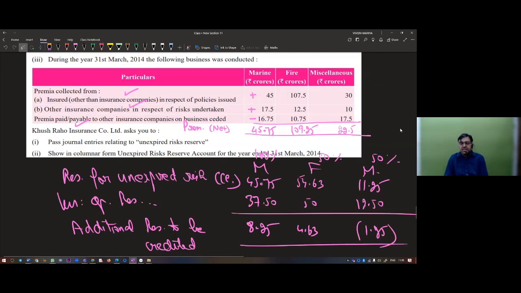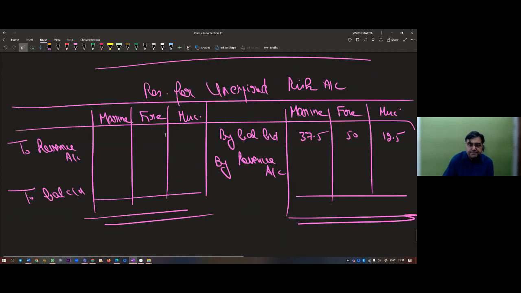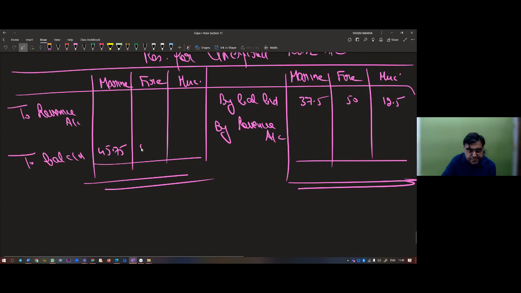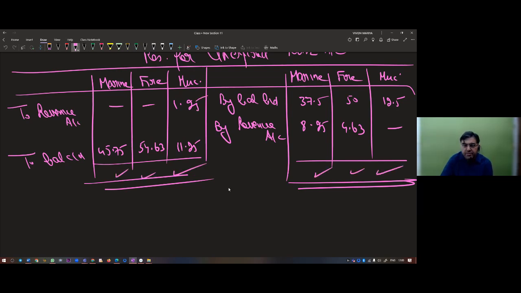The closing reserve is going to be 45.75, 54.63, 11.25. So further reserve to be created is 8.25, 4.63, and 1.25. Total, you will do it yourself and it will match.